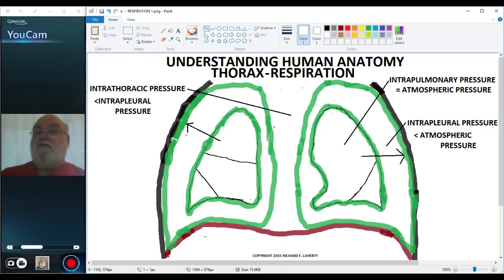And as the pleural cavities enlarge, the lungs will enlarge. Conversely, if we make the body wall smaller, we reduce the volume of the thoracic cavity, then we'll also reduce the volume of the pleural cavity and will reduce the volume of the lungs. So we breathe by changing the volume of the thoracic cavity using skeletal muscles.